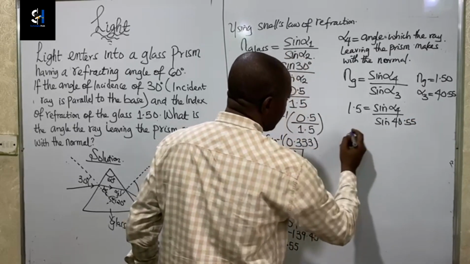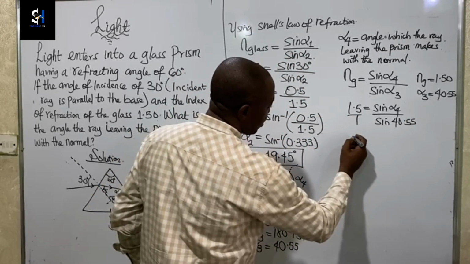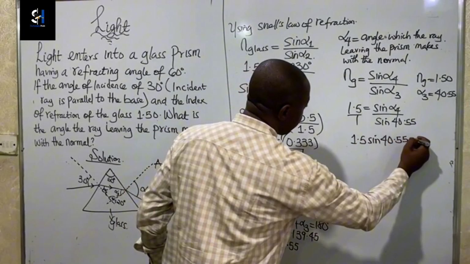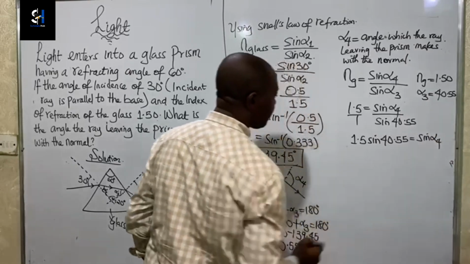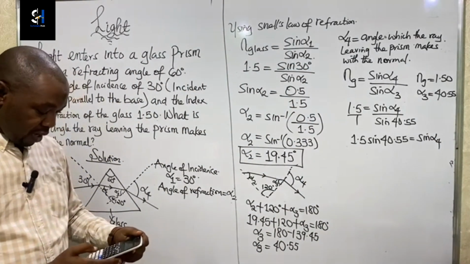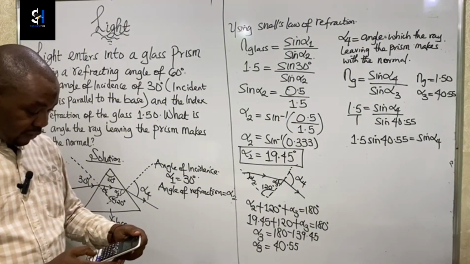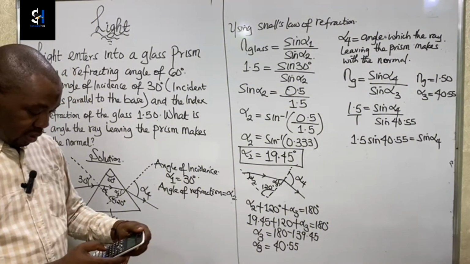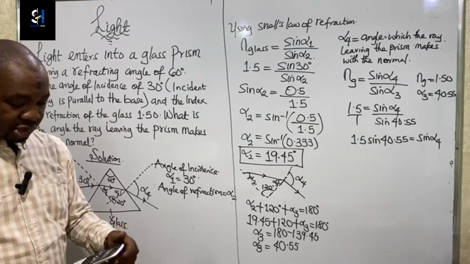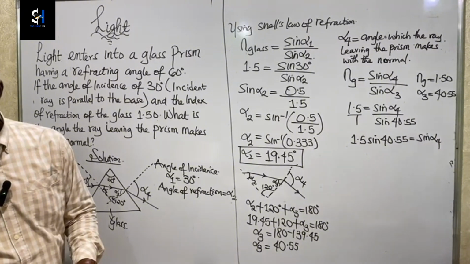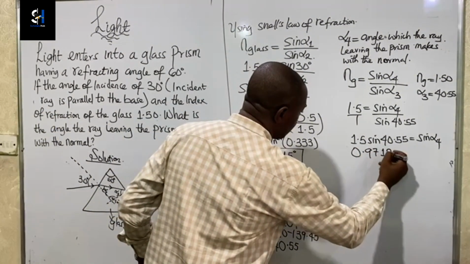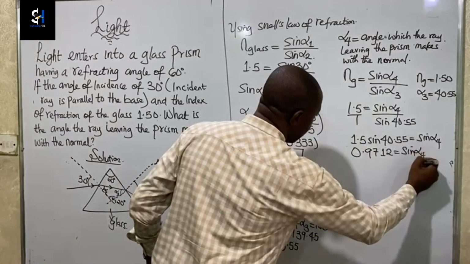Now, when we cross multiply, we have 1.5 sine 40.55 equals sine alpha 4. So let's get the value. 1.5 multiplied by sine 40.55 is 0.9752. So 0.9752 equals sine alpha 4.